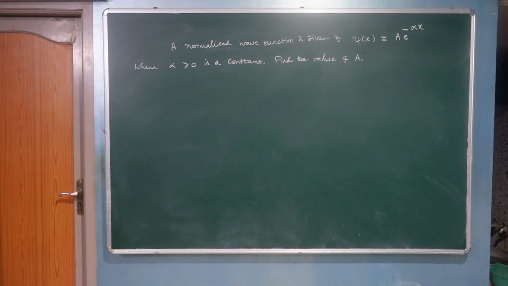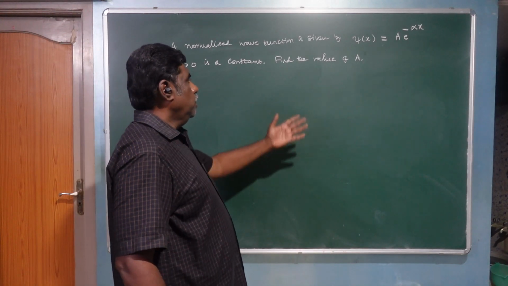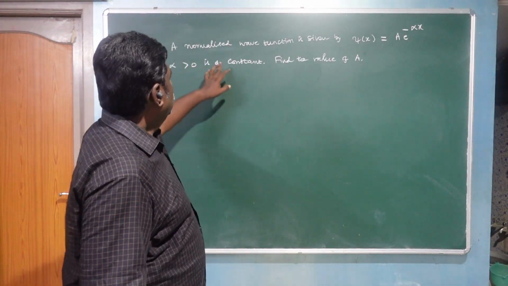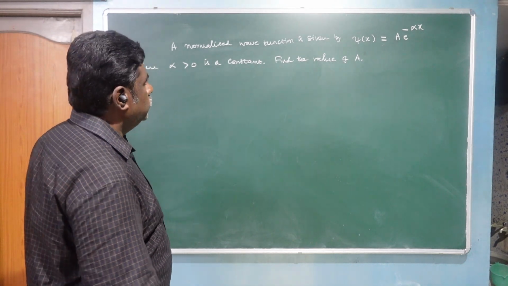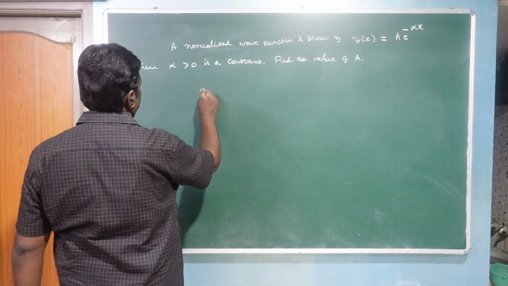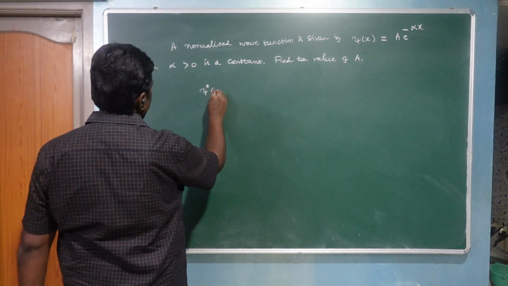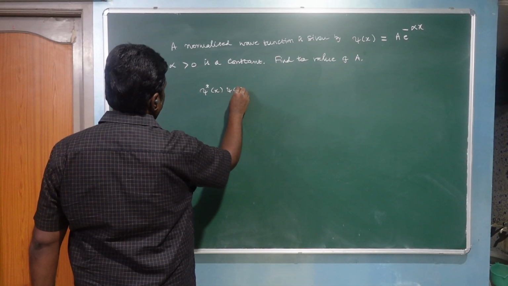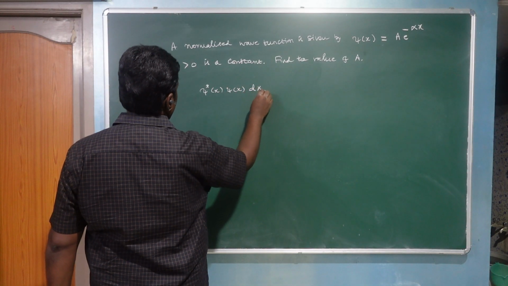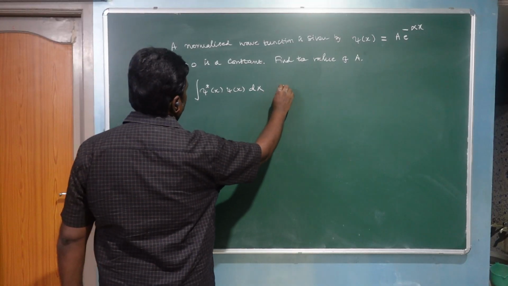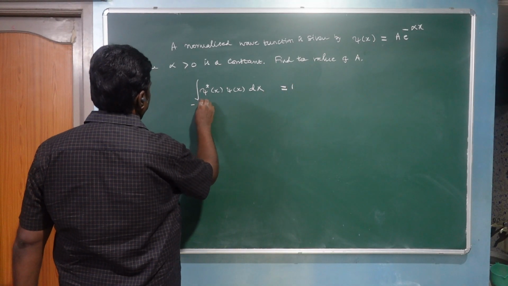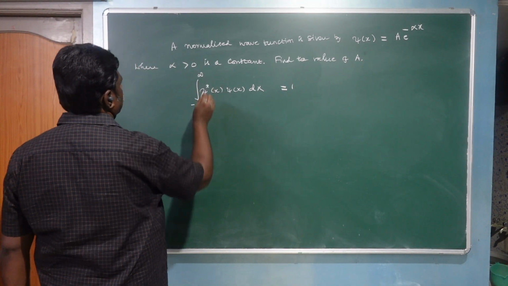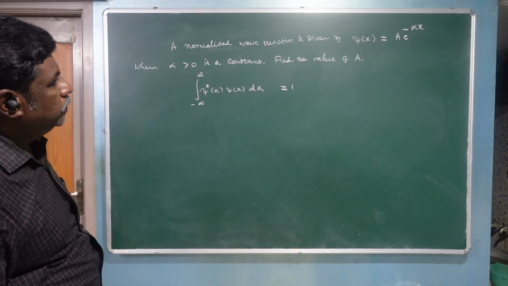Then find the value of A. Here psi of x is a normalized wave function. We know the normalization condition: the integral of psi star of x, psi of x dx equal to 1. Here the limit is minus infinity to plus infinity.